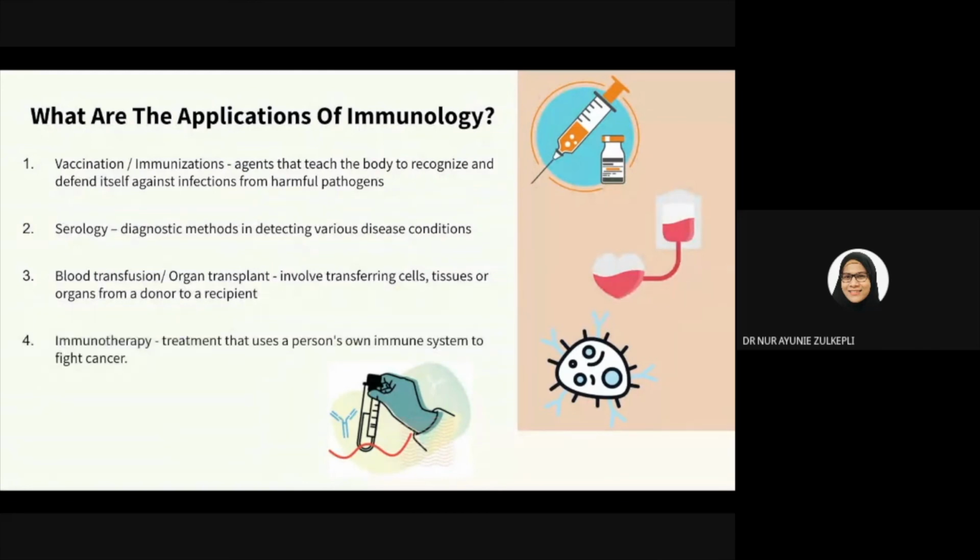And also for immunotherapy, the cancer treatment, because a person with cancer usually is immunosuppressed, so immunotherapy is needed to help fight or kill the cancer. And also many more. If you find more, you can do your own research and add to the applications of immunology.